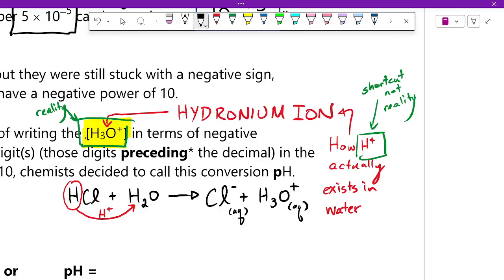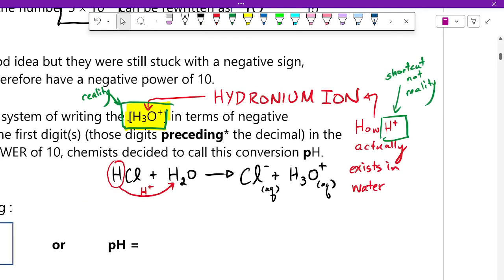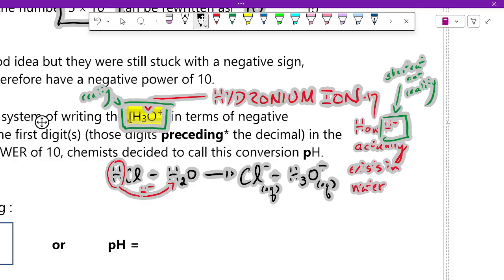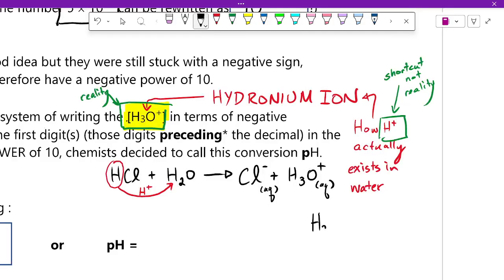So H+ and H3O+ really mean the same thing, okay? This one's just the shortcut.